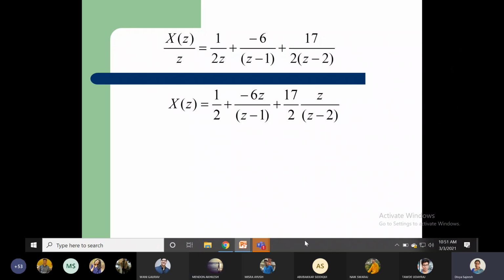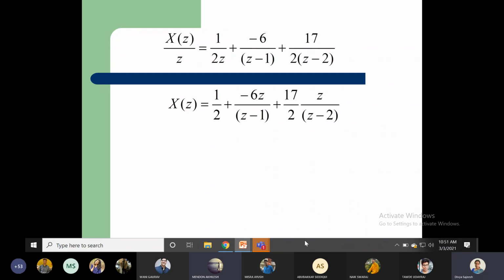U of n. Yes, u of n. Then z upon z minus 2. It is of the form z upon z minus a, so it is 2 raised to n u of n.